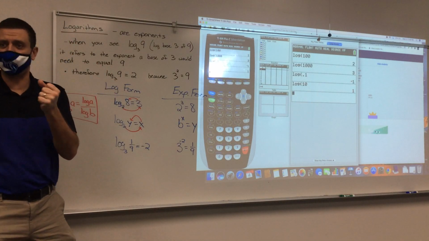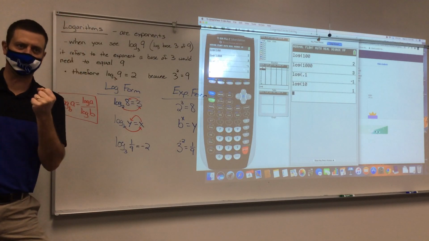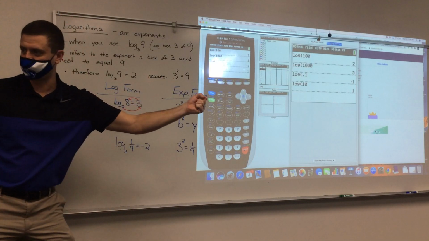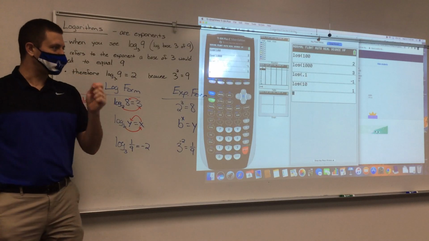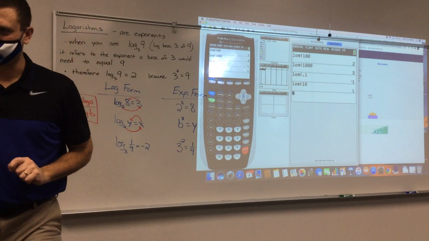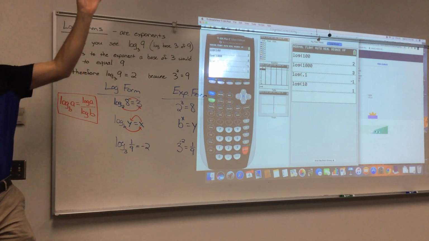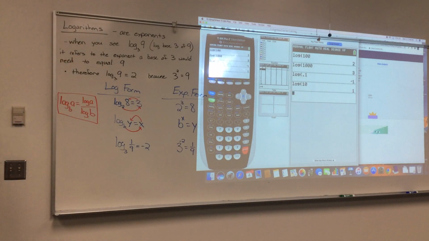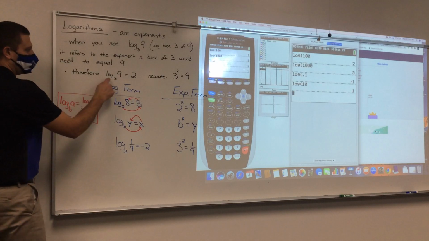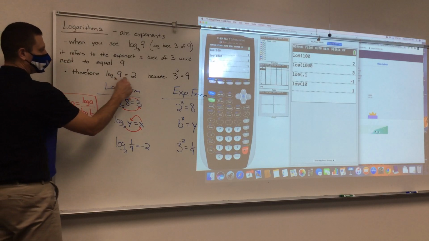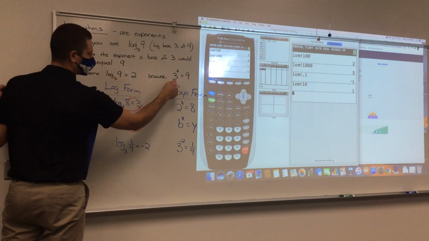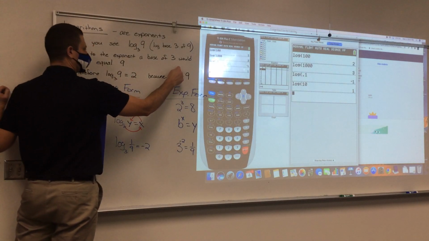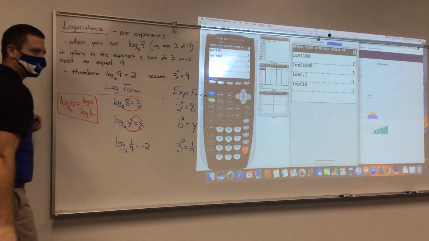What exponent would a 3 need to be raised to in order for it to equal 9? 2. Oh, 3 times 3. Yep. 3 to the second power. 3 would need to be raised to the second power in order for it to equal 9. So therefore, log base 3 of 9 is equal to 2. And the reason it's equal to 2 is because 3 needs to be raised to the second power in order to equal 9.